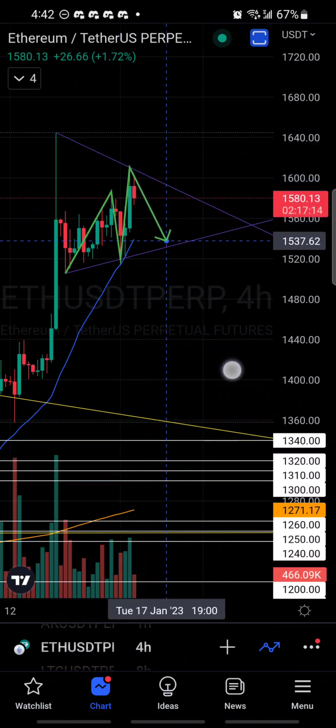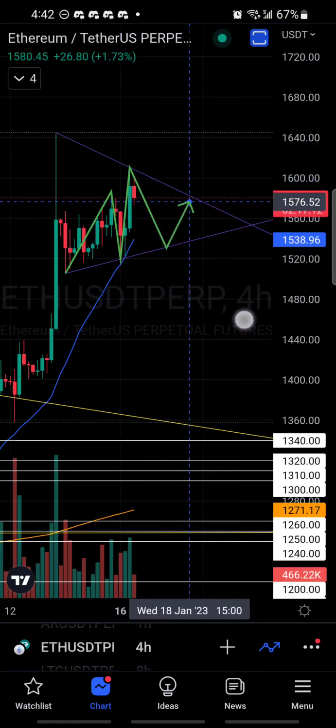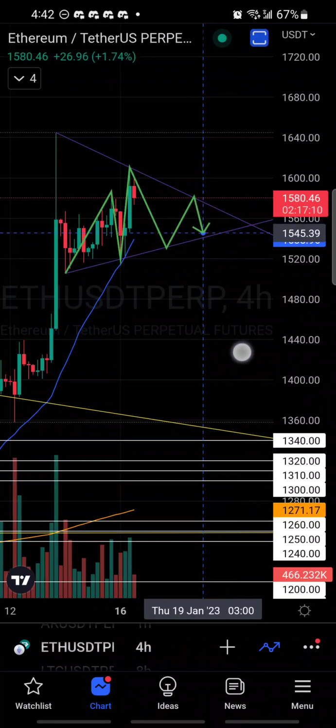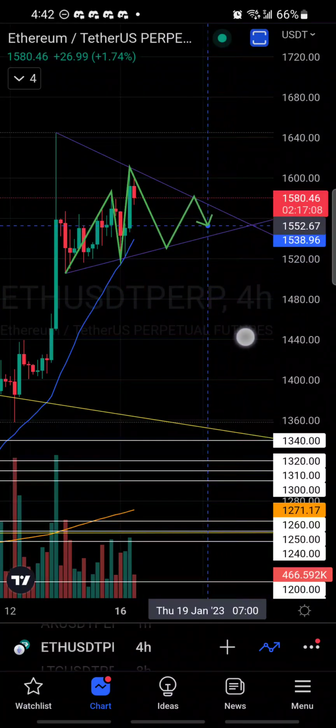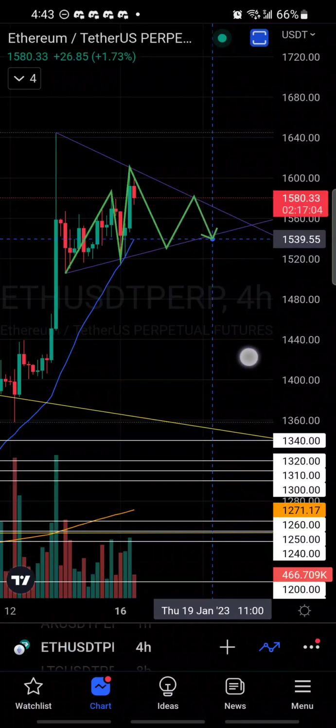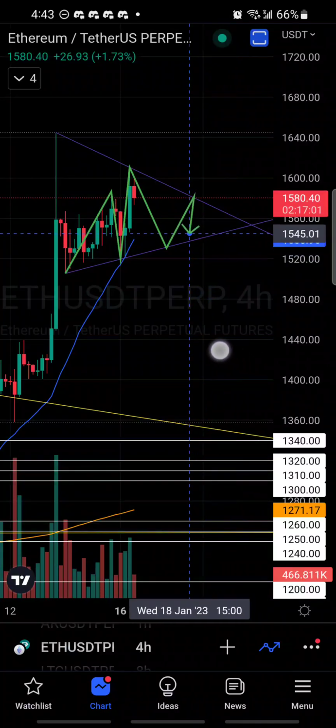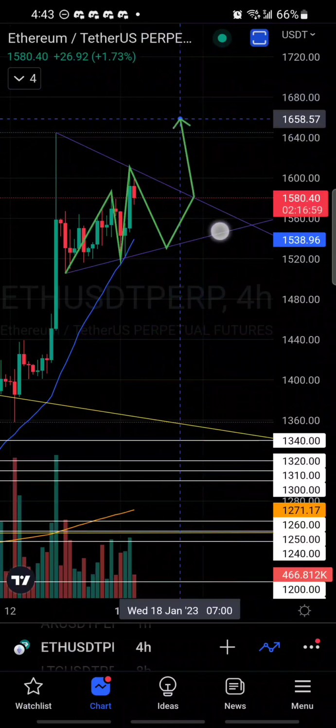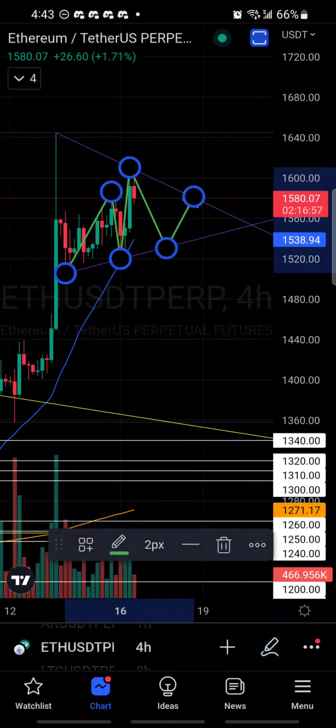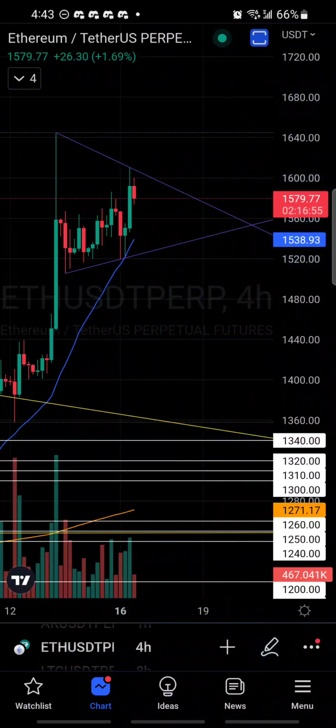And then it could possibly do something like this and break out at some point, either to the downside or up. But we'll just have to wait and see what actually forms here. This could just straight up break out right now. But that's one of the reasons I do my high, low, and close. It doesn't always work out like that, but it tends to be helpful in my experience.